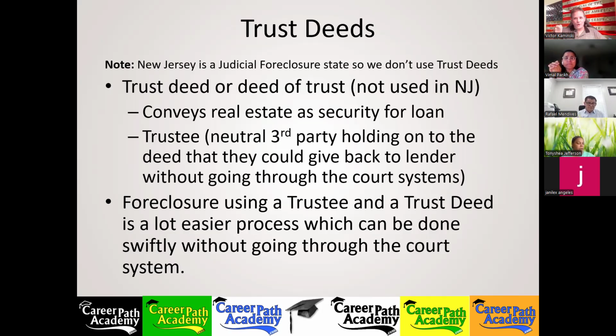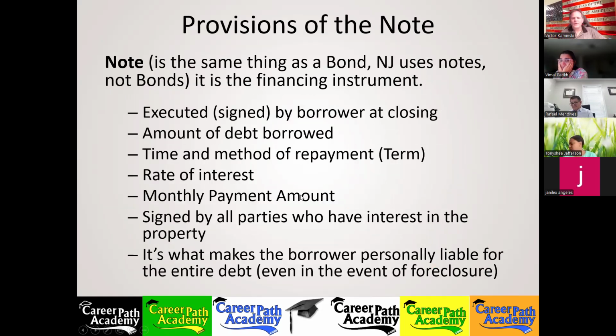And if you don't pay back the loan or you default on the loan, they give the deed to the lien holder. Okay. If you pay back the loan in full, well, then they give it back to you. It's just a neutral third party that holds on to that deed until one or the other thing happens. We don't use them here in New Jersey.